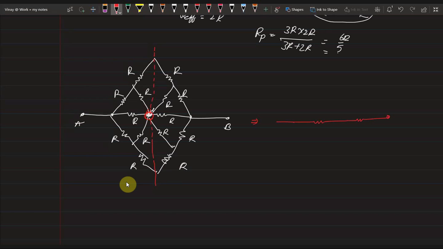This point is A, this point is B. This resistance is R, this is R, this is R, this is R, this is also R, this is also R, this is R, this is R. You can neglect the middle connection like this.